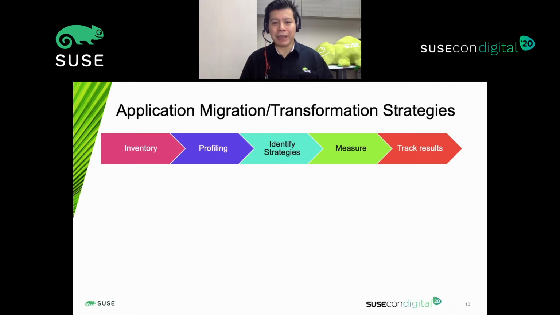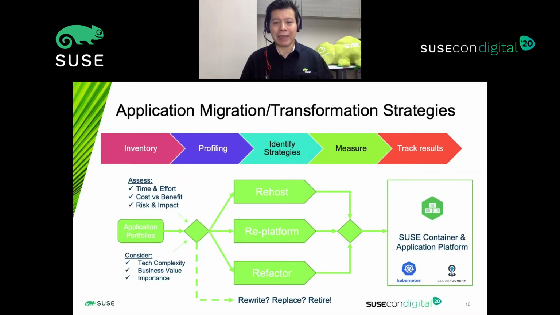To further elaborate these 5 steps, I have put down a general workflow in this slide. As I mentioned earlier, the first 2 steps, inventory and profiling, are basically to build an existing application portfolio. And then we prioritize these apps based on factors like business value, importance, technology complexity, and so on.